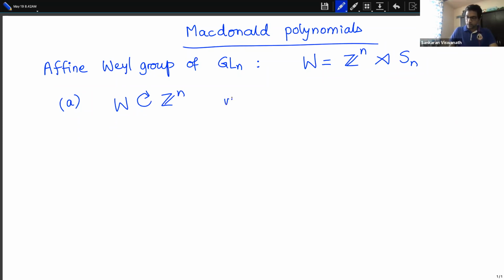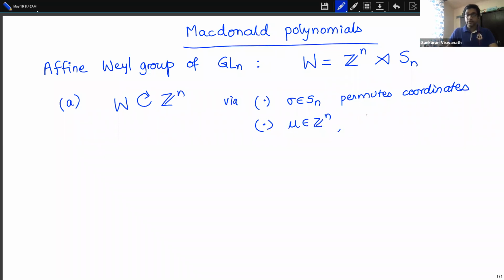There are two things we need to say. One is, if you take an element of Sn, how does it act? So Sn acts just by permuting the coordinates of Zn, and given an element of Zn, how does it act?